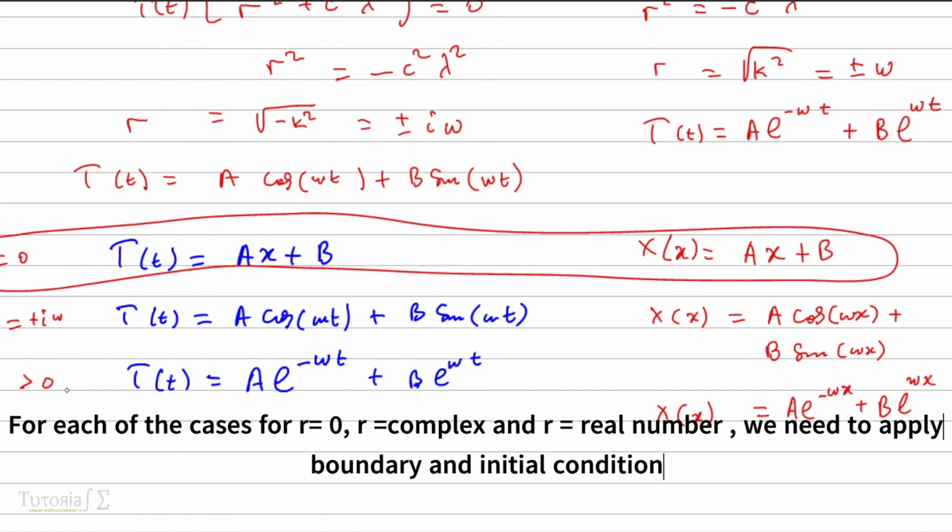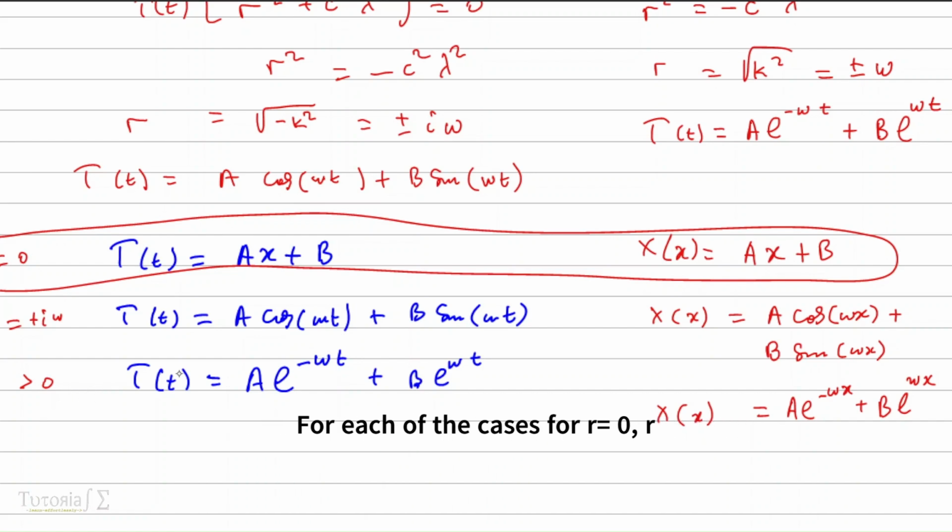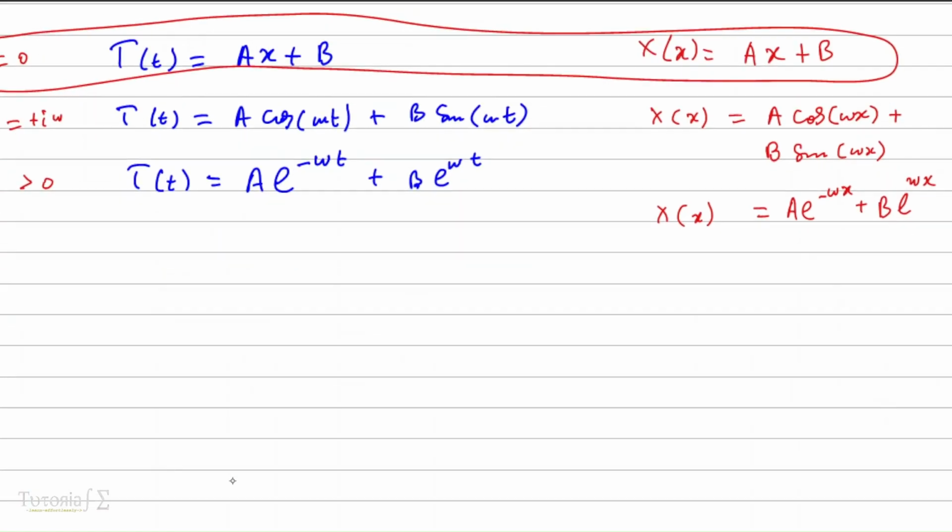So now remember our solution. We'll try each of these solutions. Remember our solution, u of x comma t is equal to T of t times X of x. Now we can test out the first one.